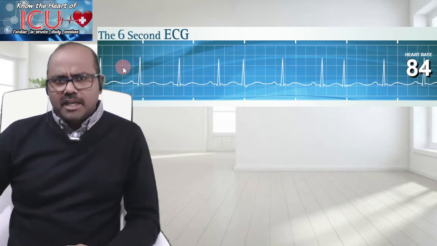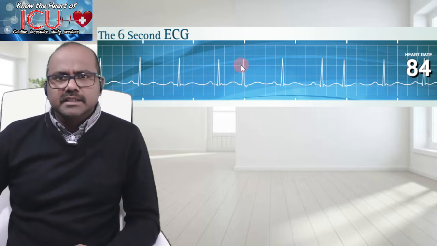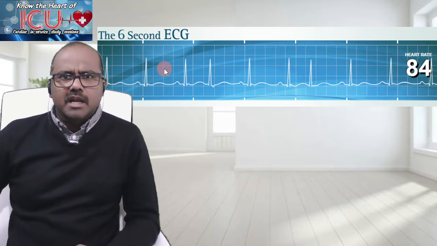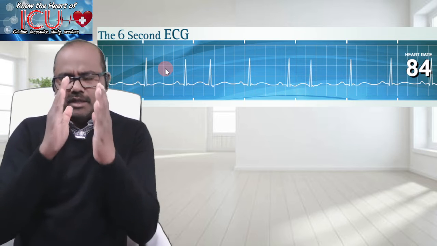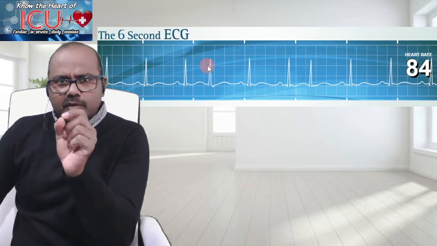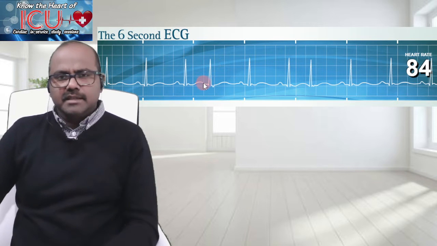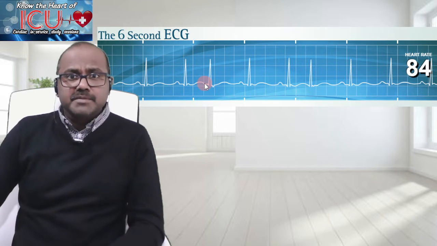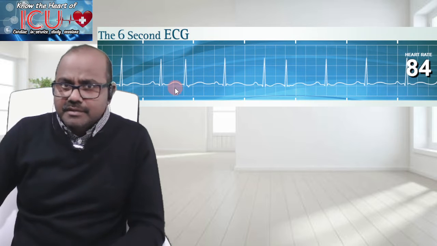Look at the intervals between your R waves. You can see that this is a narrow interval, so this is a premature beat. And where does this premature beat come from? Look for the P wave. There is no P wave.